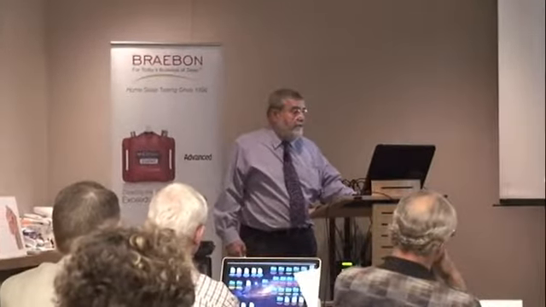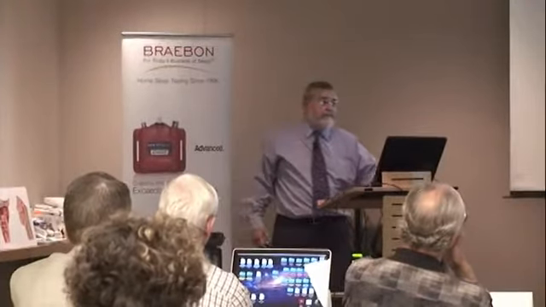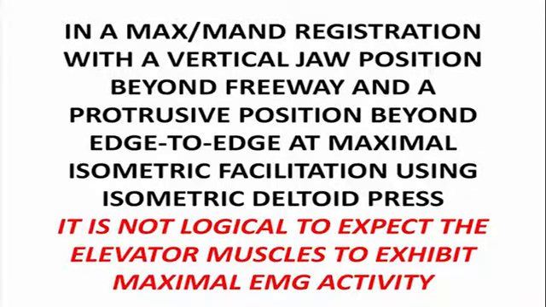And so in maximum mandibular registration with a vertical jaw position beyond freeway and a protrusive beyond edge to edge at maximum isometric facilitation, using the deltoid press, it's not logical to expect the elevator muscles to exhibit maximum EMG activity.